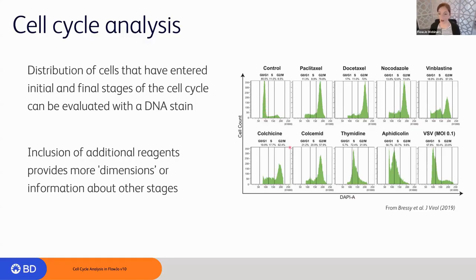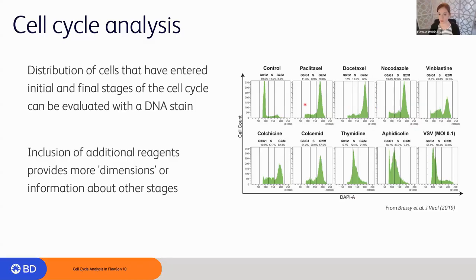I put this figure here just as an example to show the impact of different agents, different drugs, and how they impact different stages of the cell cycle. So now that we have a clear picture of what the G0, G1 phase is and the G2M phase, which is the latter stage of the interphase, we can see that there can be accumulations at certain stages in the presence or absence of different drugs.